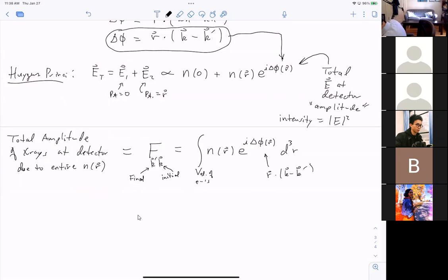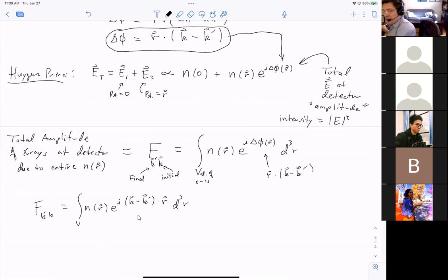So now let's write that. I can then write that my total amplitude F_K prime K is equal to the integral over the volume of N of R times e to the i K minus K prime dot R d cubed R.